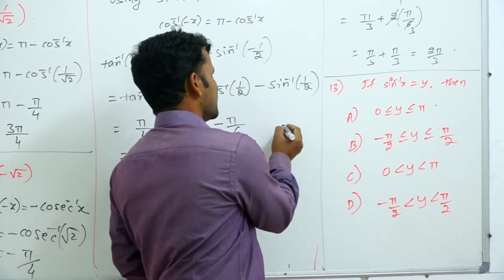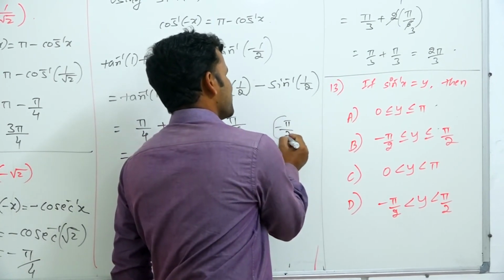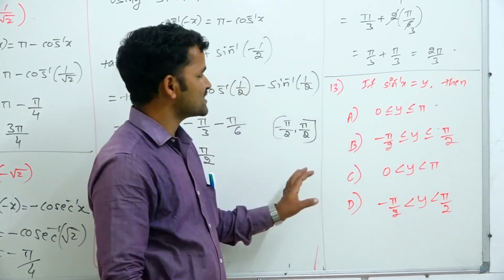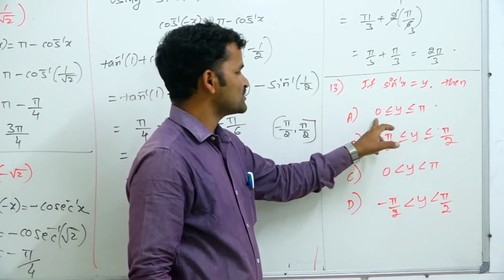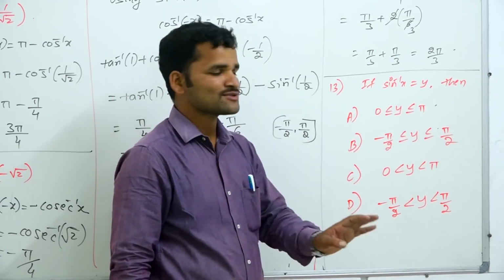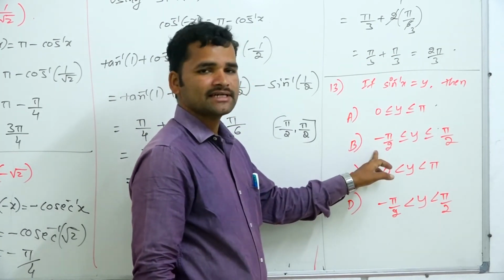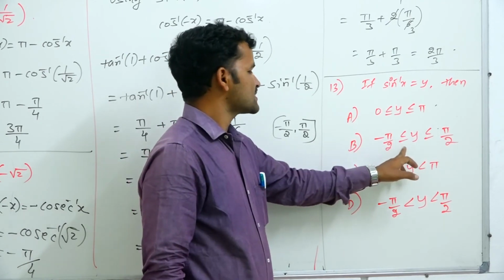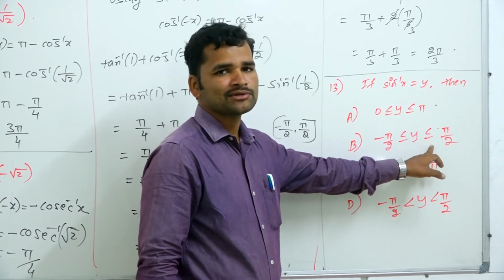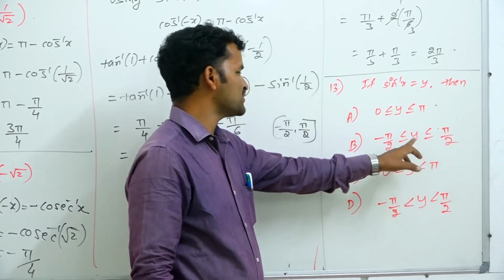Is the first option possible? No. 0 to pi, 0 to 180 degrees, is given for y values. No, it is not possible. Second one, yes, the second one is correct. Less than or equal to means including minus pi by 2, and here less than or equal to means including plus pi by 2.